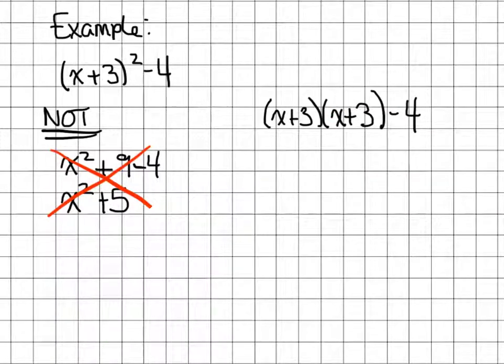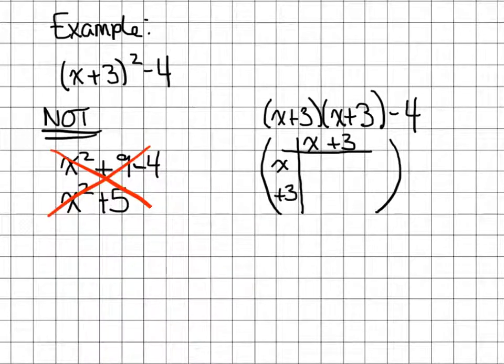So, to expand and simplify this, same process. We have our set of brackets, we have our chart, we have x plus 3 and x plus 3. I have minus 4 out here, x squared plus 3x plus 3x plus 9. And so now I group all of the terms that are right in here.